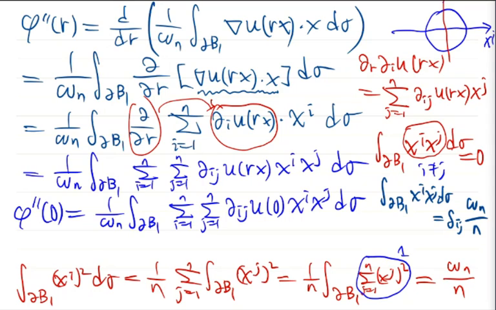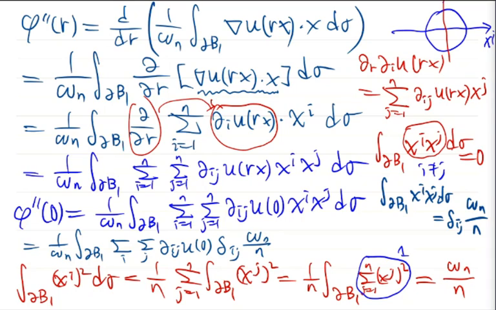Okay, so our sum becomes 1 over omega_n, integral over B_1, sum i, sum j, d_ij u(0), then delta_ij, the Kronecker delta, omega_n over n.